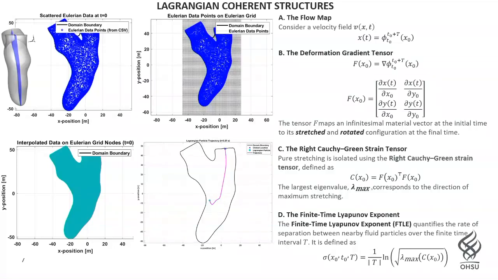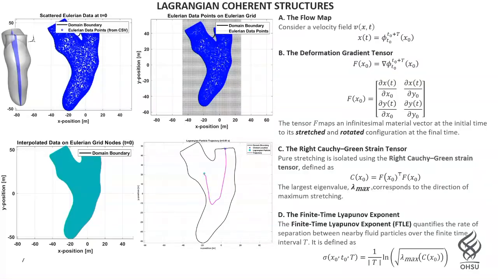Here, I use the finite time Lyapunov exponent calculation, and it starts with calculating the deformation gradient tensor, because we are just interested in the maximum stretching. However, the gradient tensor has stretching and also solid body rotation, and we need to remove that solid body rotation.